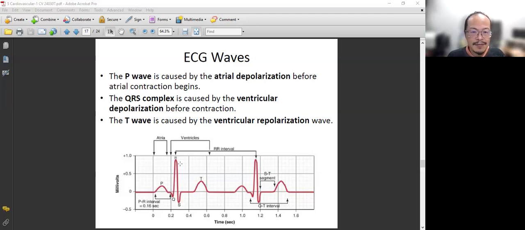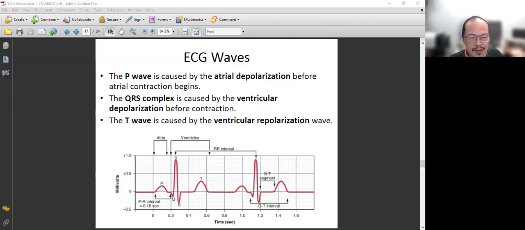And then when it depolarizes, there's a plateau. And during that plateau, you have the ventricular contraction. And then you have the T wave. T wave is a repolarization of the ventricle. So that's that. And you can see that R is the strongest signal because the ventricle is larger, and depolarization is very sharp. So that's that. All right.